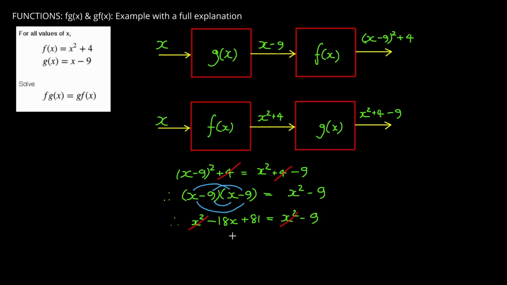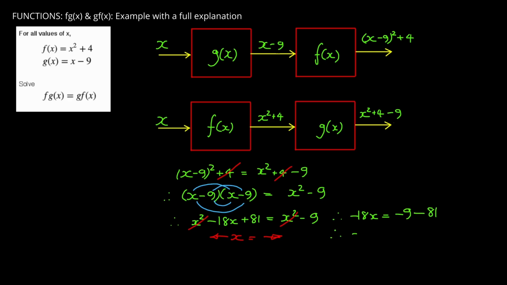So from now on, we want the x's on the left-hand side of the equation and the numbers on the right. So we get negative 18x. The 81 is going to move sides and become negative because we're going to be subtracting 81 from both sides. So this is equal to the negative 9 has remained where it is and is joined by a negative 81.